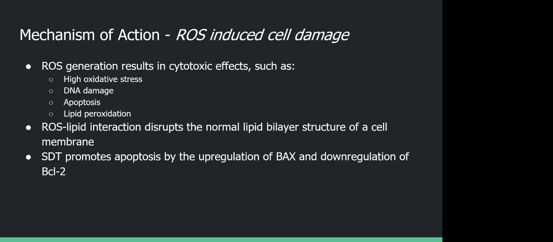This is really important because BAX is responsible for releasing cytochrome C from the mitochondria, and this is an apoptosis promoter, while BCL2 has the opposite effect, where it inhibits the release of cytochrome C from the mitochondria. So it makes sense that we want upregulation of BAX.